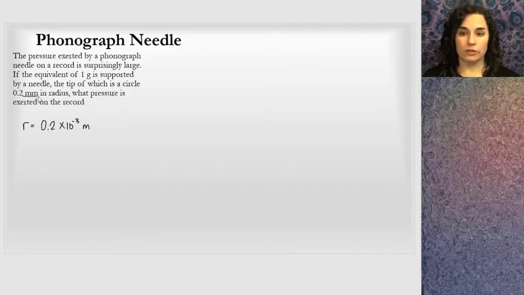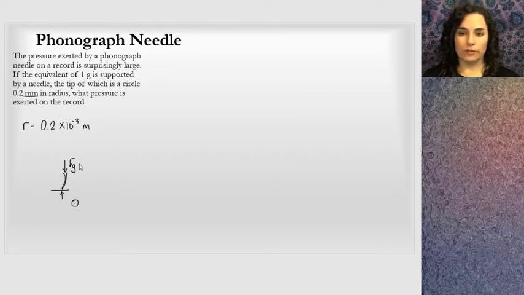I'm going to convert that to meters right away. We can think about the needle touching down onto the surface. It's a circle of radius r, and the force that this is applying is 1 gram.